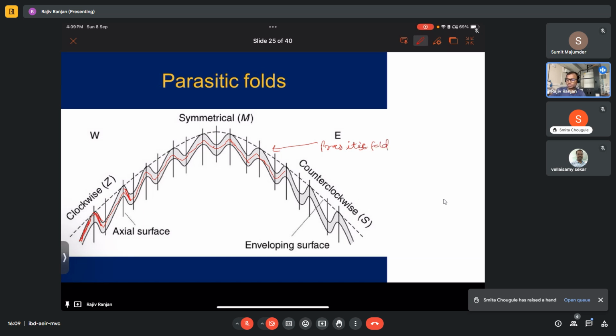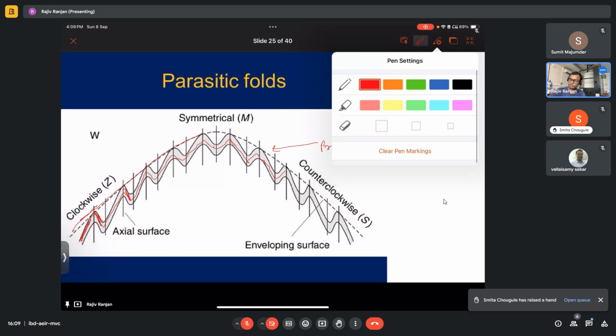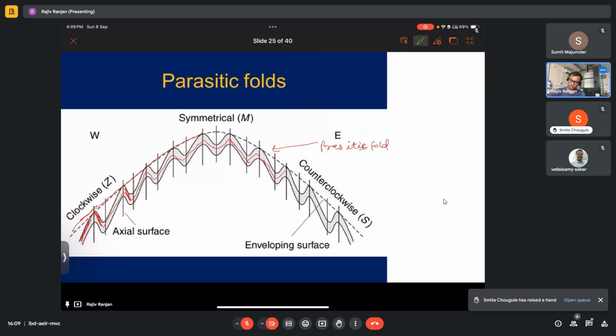Why? If you see here, this is a higher order fold, and this is the larger fold.